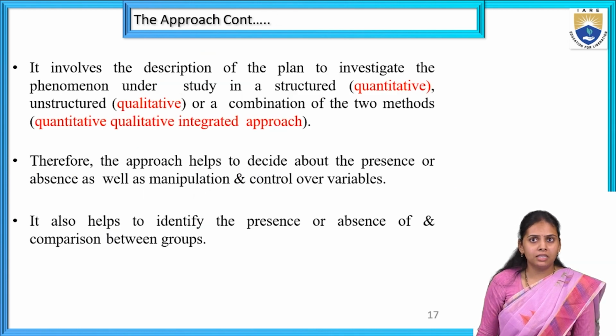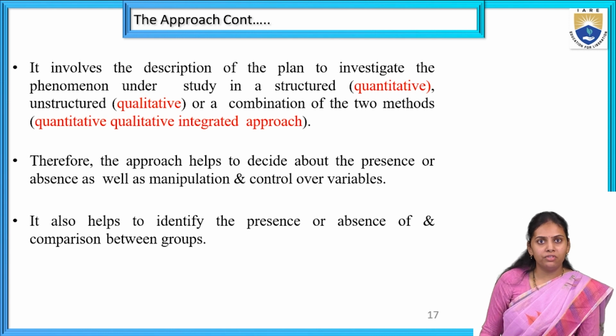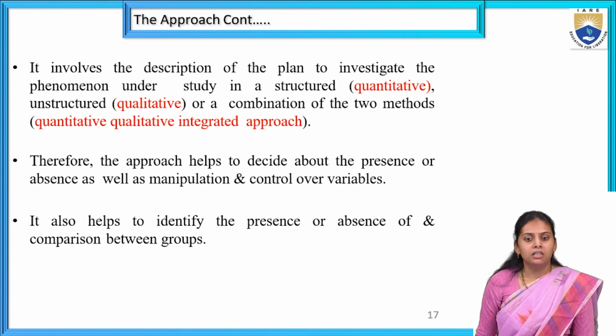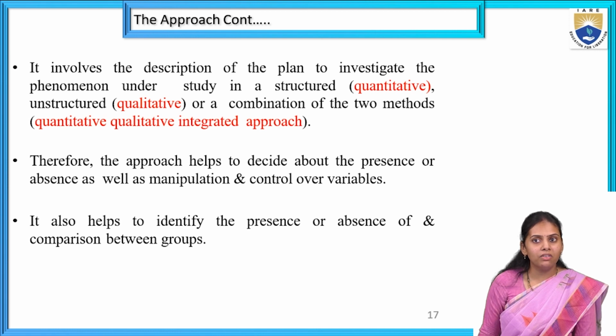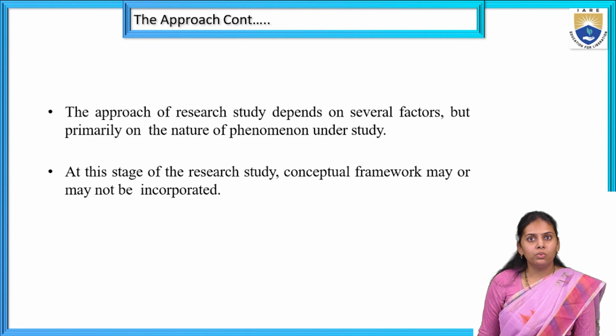It involves the description of a plan to investigate the phenomena under study in a structured or unstructured manner, or a combination of the two methods. Therefore, the approach helps to decide about the presence or absence of manipulation and control over variables. It also helps to identify the presence or absence of a comparison between two groups.